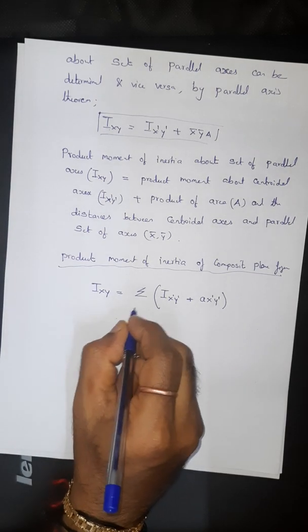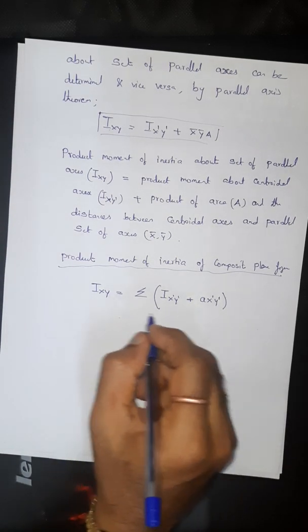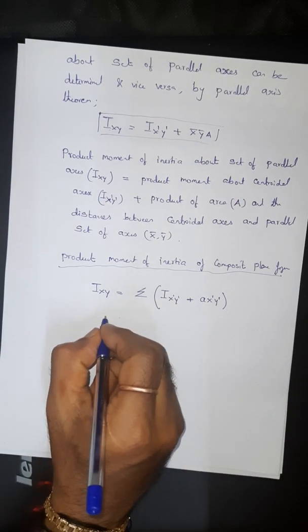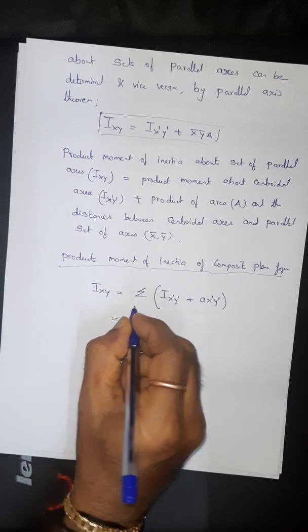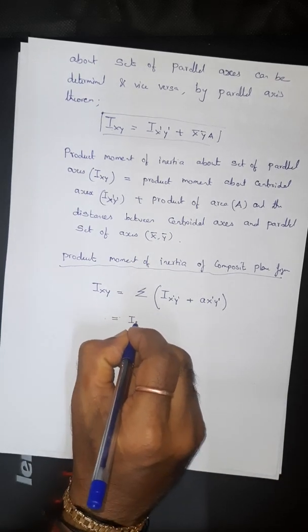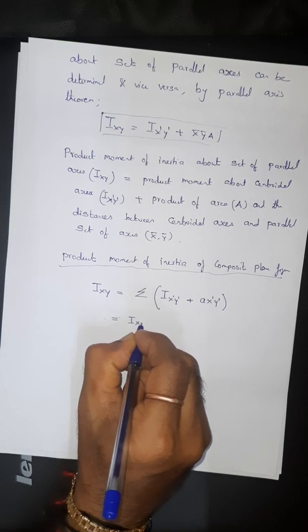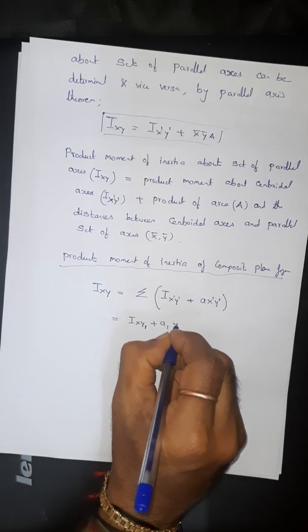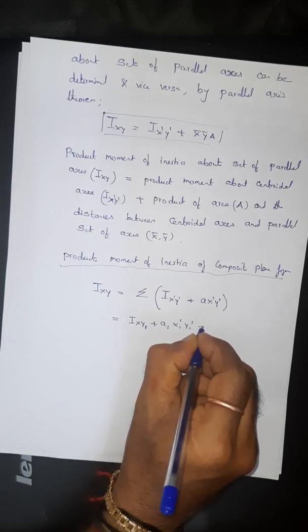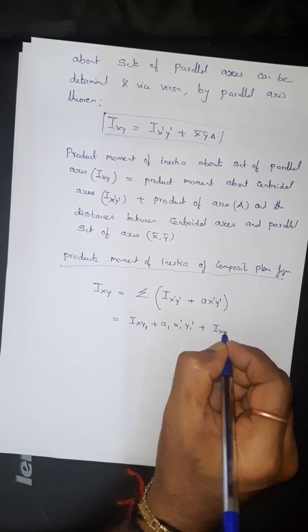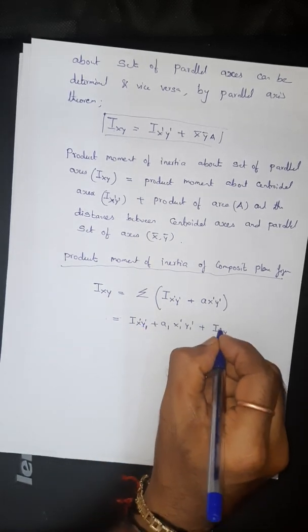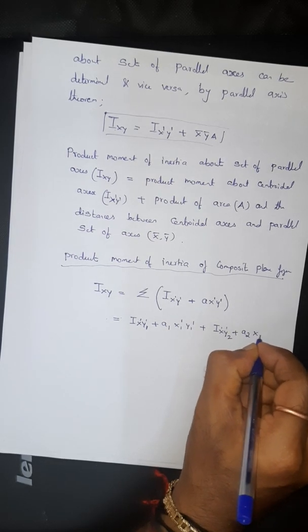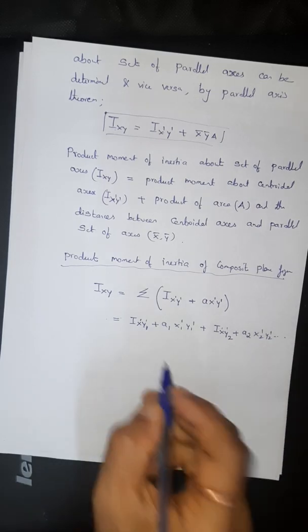Let me simplify this: Ixy equals Ix1y1 plus A1 x1 dash y1 dash, plus Ix2y2 plus A2 x2 dash y2 dash, and it goes on, right?